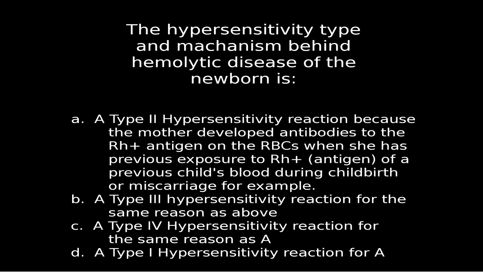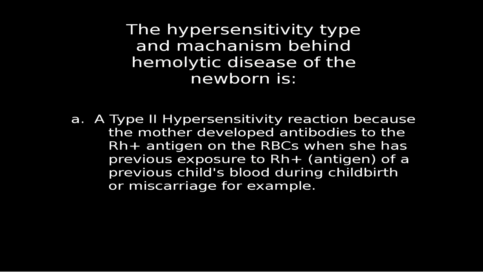Well, if you had a miscarriage on the first child, or if blood passes naturally in childbirth, it's a messy thing. So she's going to get exposed to the little guy's Rh positive, and she will create antibodies to that. If they don't give her an anti-D antibody, then they're going to be sitting there waiting for that next child, IgG antibodies that can obviously cross the placenta. So that's what happens in that case. So the answer is A. It is type 2 hypersensitivity.